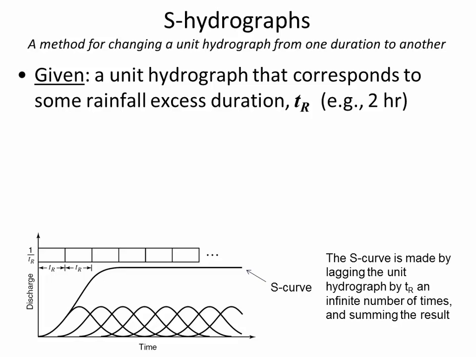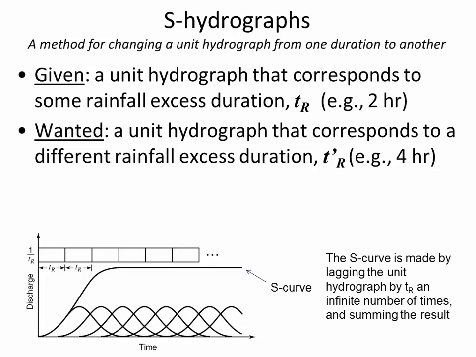If you have a unit hydrograph that was based on a storm duration of 2 hours, but you wanted to find out what the shape of the unit hydrograph would look like for a 4-hour duration, then this S-hydrograph method is an approach that allows you to translate the shape of the hydrograph for different storm durations.